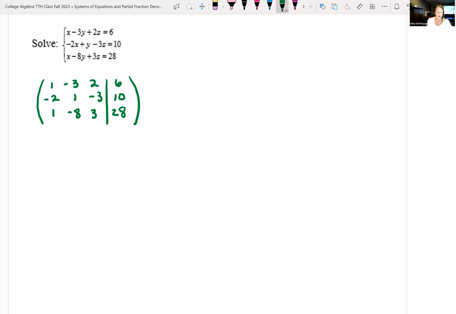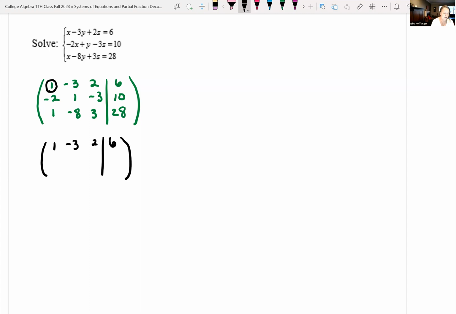Working with our first column, we want a 1, and it's already where we want it in that first row, first column. So we're going to use this row 1 to manipulate and get zeros below it. And so let's rewrite our matrix with row 1 because we're not going to change it. We're just using it to change and manipulate the other equations. So 1, negative 3, 2, 6 for first row.